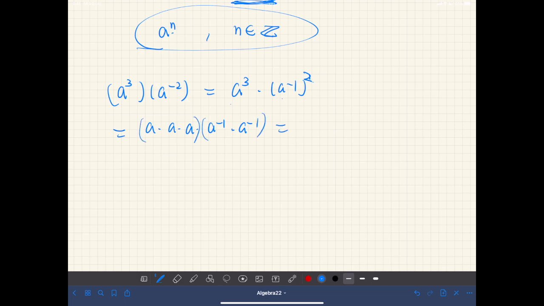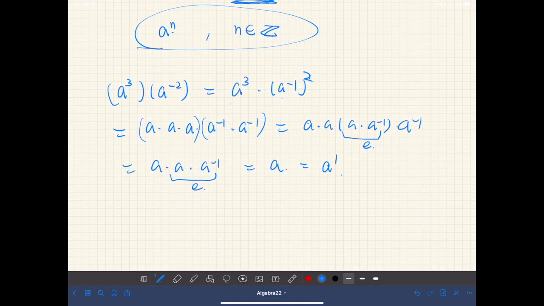But using associativity, a a a, a inverse, a inverse. And this becomes identity. So we can just cancel it. And a times a times a inverse. Again, this is an identity, so we cancel it. And the result is a, which is, of course, a to the power of 1.